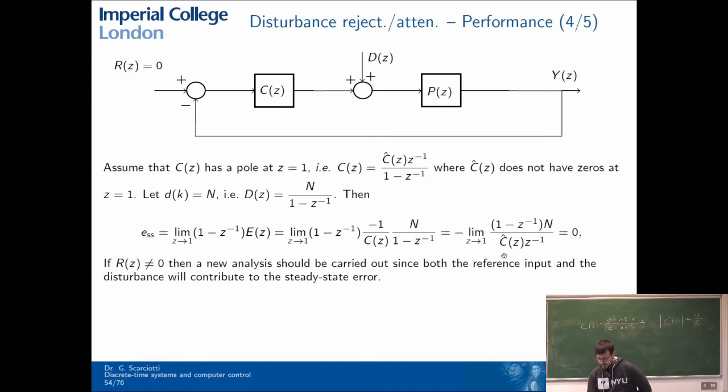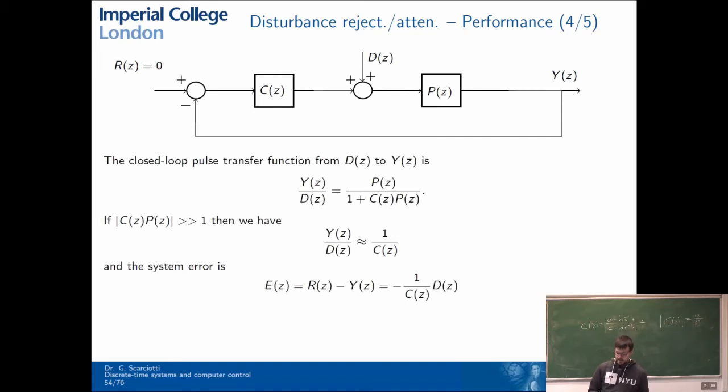Now, since by assumption c hat of z does not have any 0 at z equal to 1, this expression is a fraction in which there is a 1 minus z power minus 1 at the numerator. When z goes to 1, this will be equal to 0. Okay? So what are these two slides saying?